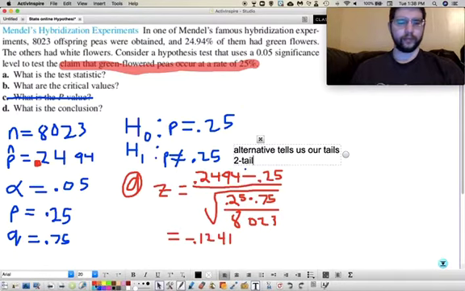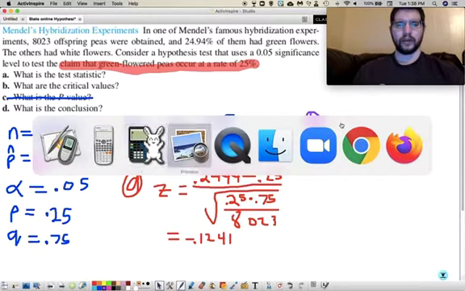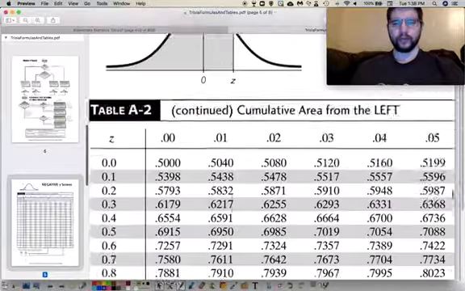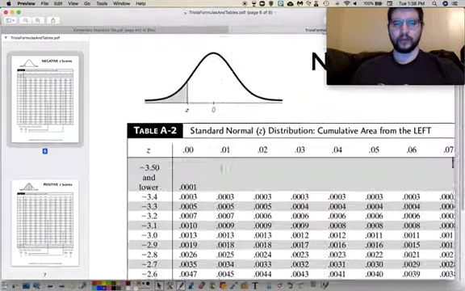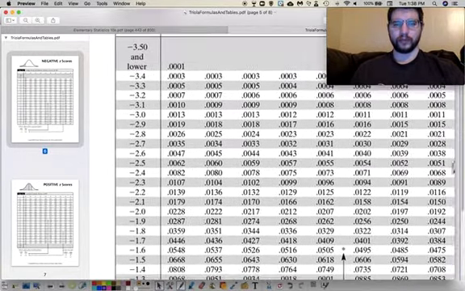So for B, I'm going to use alpha as 0.025. I'm going to do it all 3 ways. Look it up on the chart. 0.025. Where are you? 1.96 if I remember.